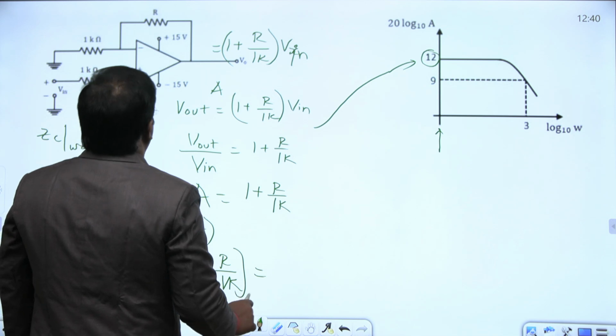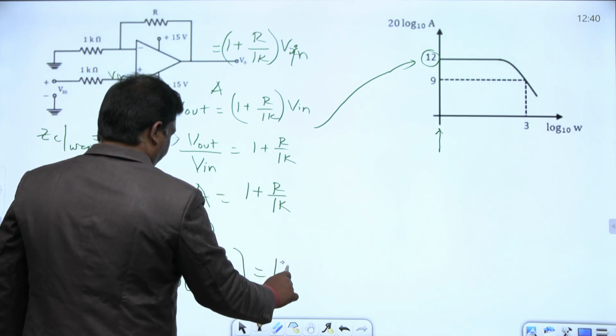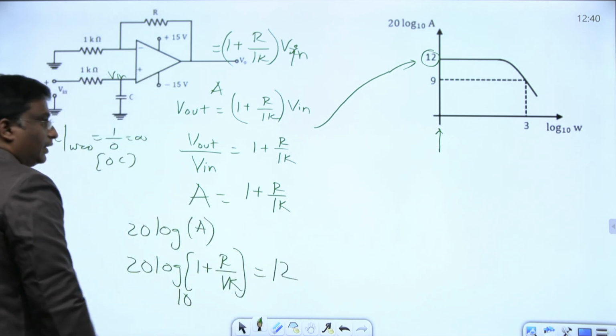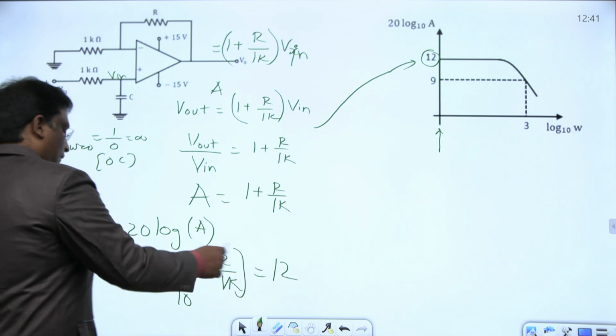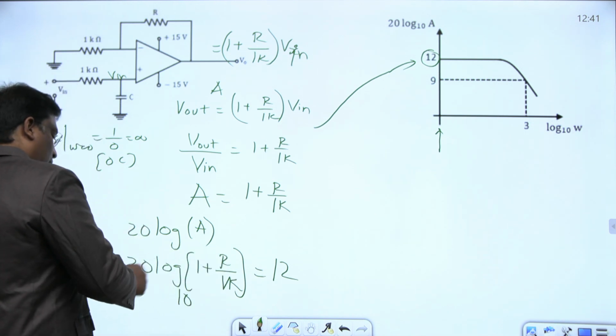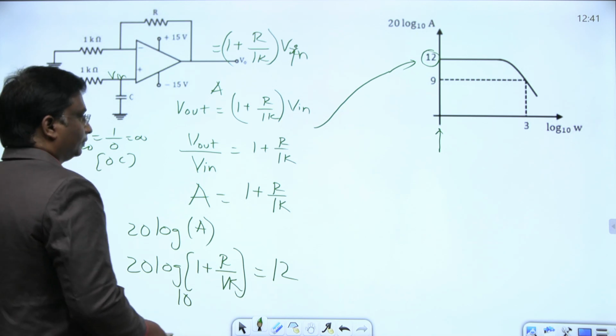This value they gave as 12, base 10, 20 log base 10. Then this 12, how many times 20?